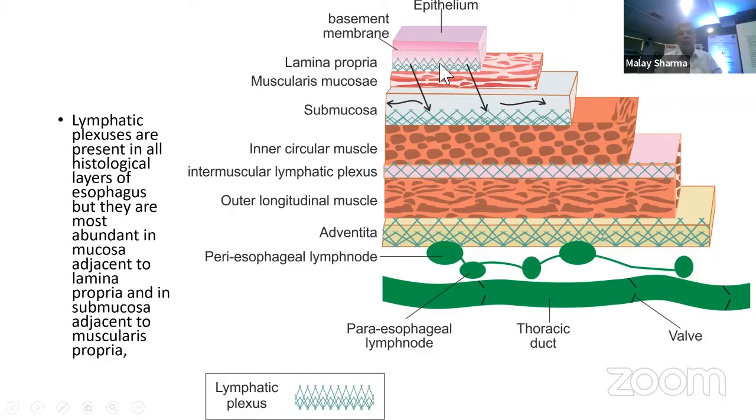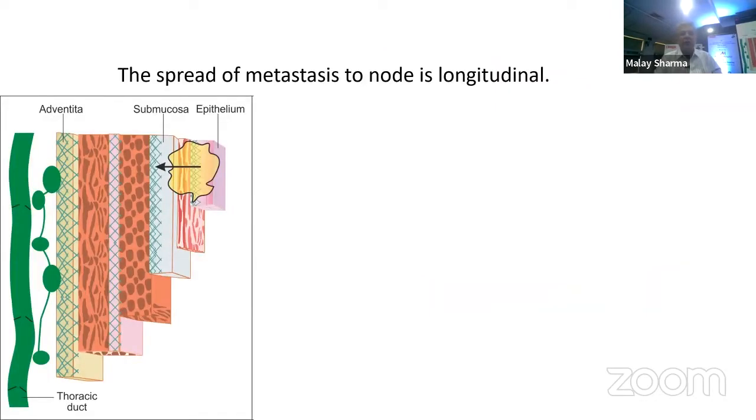You can see the lymphatics in the lamina propria and submucosa are the most extensive. The only thing is, in the submucosa the spread is both in a cranial as well as a caudal direction. The lymphatics go from lamina propria to submucosa, but from submucosa they can go in a cranial or caudal direction. The spread of metastasis to nodes is longitudinal, upward and downward, because the tumor is spreading into the submucosa.